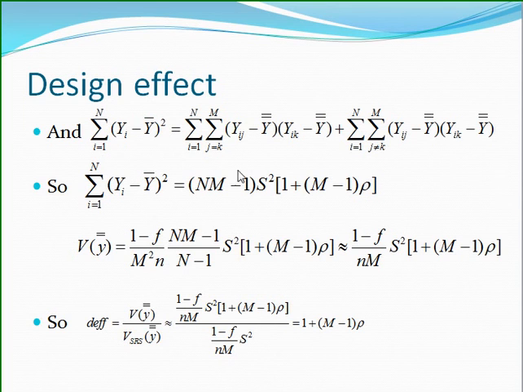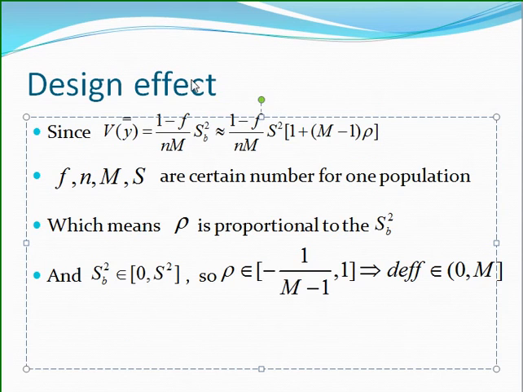So you can have this kind of equation, and then by transform and putting them all into the equation, the design effect is equal to 1 plus (m minus 1) rho. Then we can get this equation.